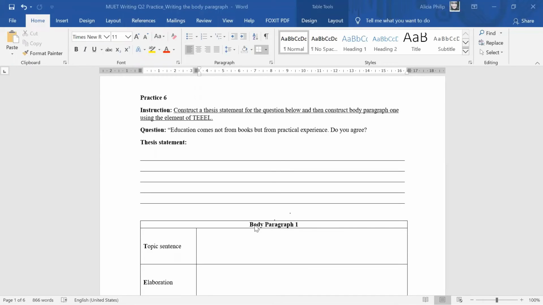So tomorrow I need you to complete practice 6, 7, and 8. Complete all these 3 practices and upload them as usual into your team Padlet, individually.